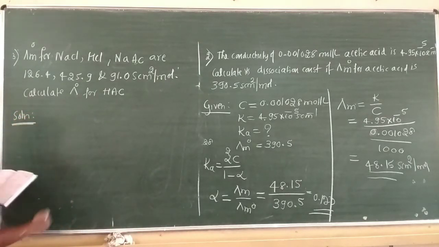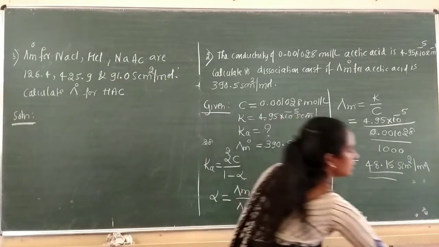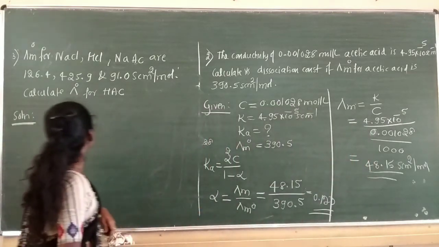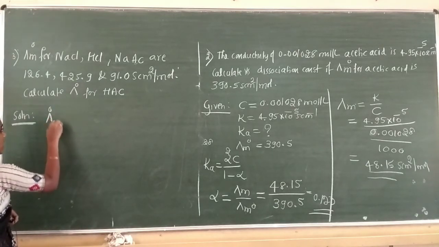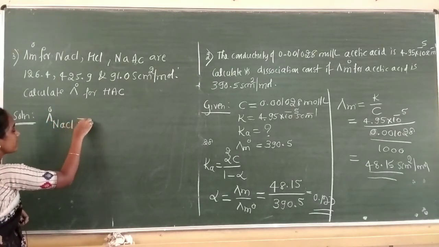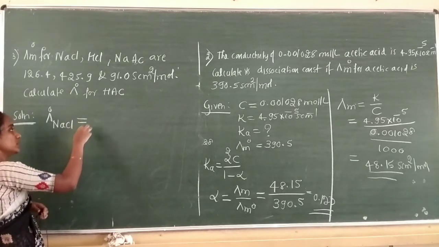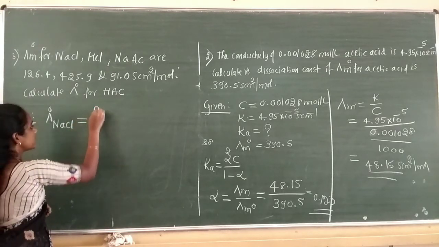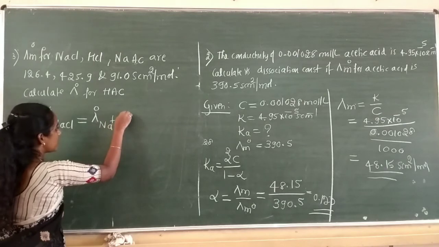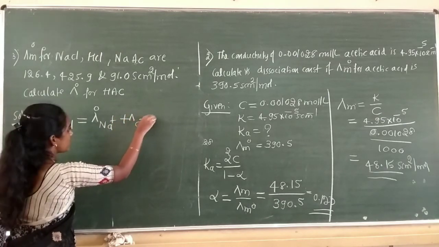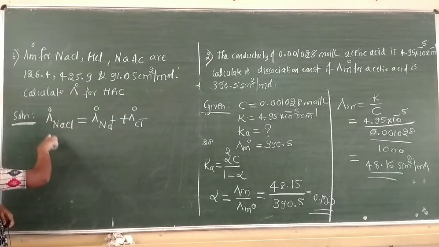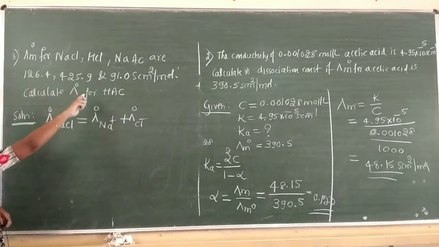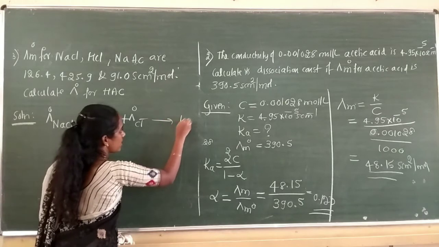Now let us write. Here the limiting molar conductivity of sodium chloride is given, so based on the Kohlrausch law we can write lambda Na plus, Cl minus. The limiting molar conductivity value is given, it is 126.4. This is equation 1.